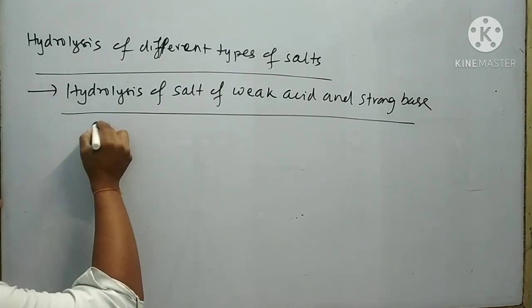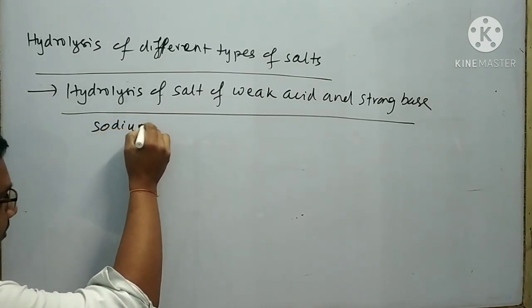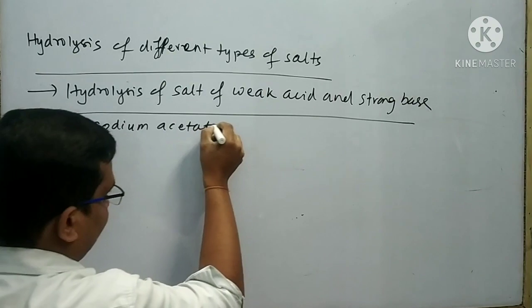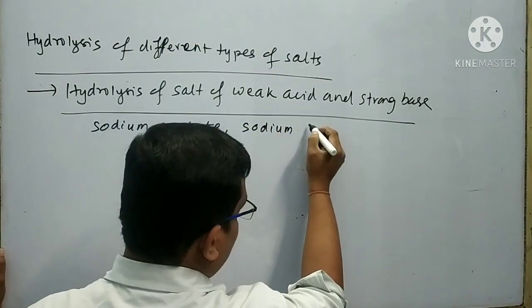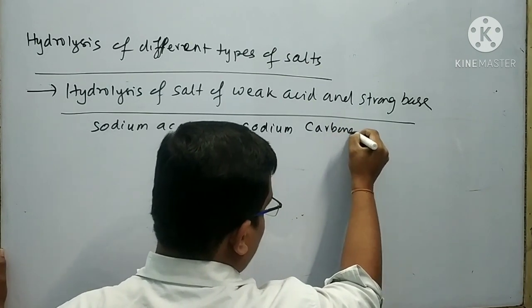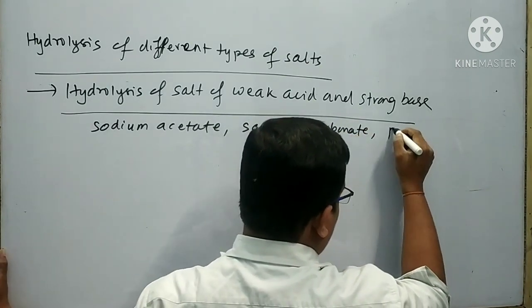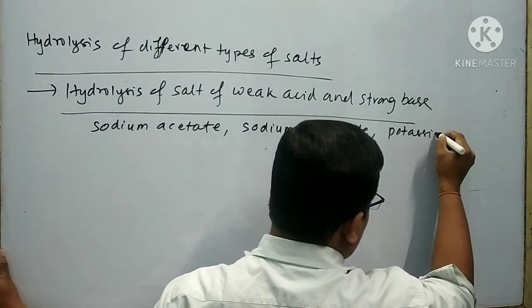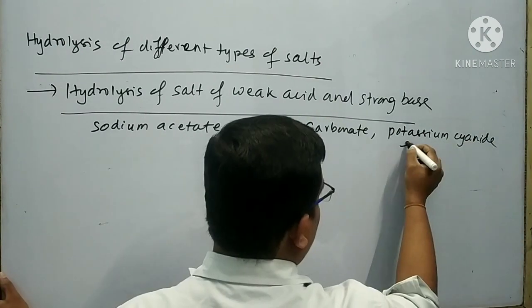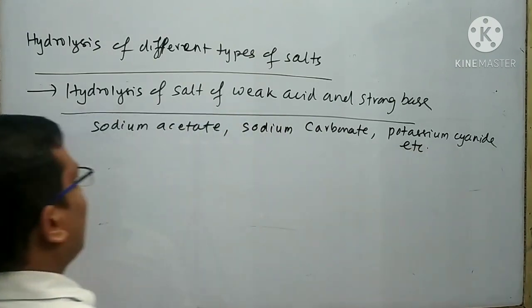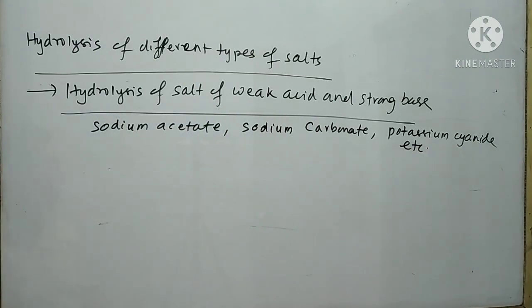The examples are sodium acetate, next is your sodium carbonate, next is your potassium cyanide. These are the examples of salt of weak acid and strong base.